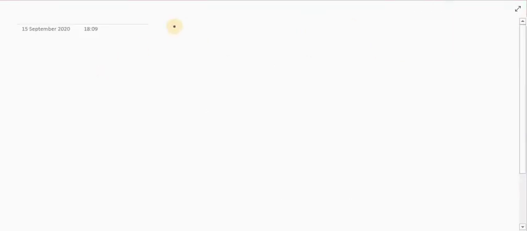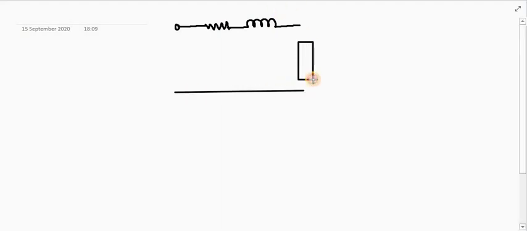So what is the simple or approximate equivalent circuit of the transformer, referred to the primary side? I will draw it here again. Now I have to take it referred to the primary side. So V1 I will keep as it is.